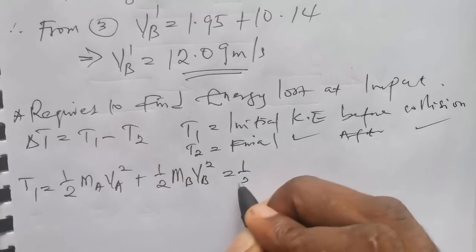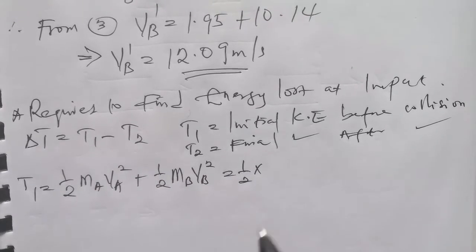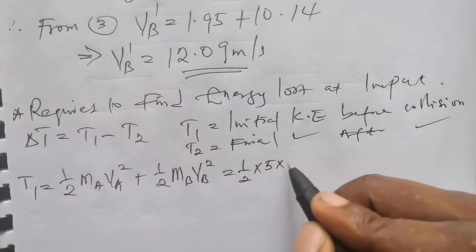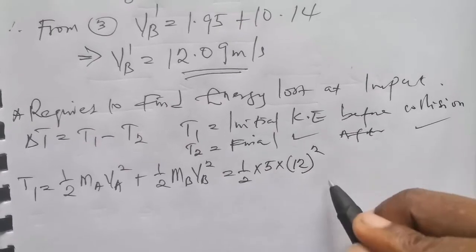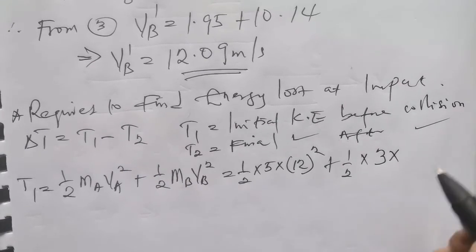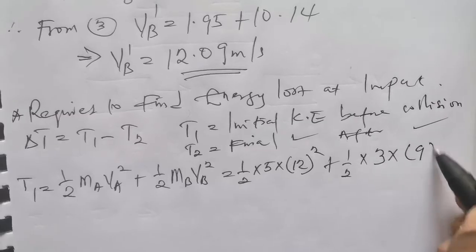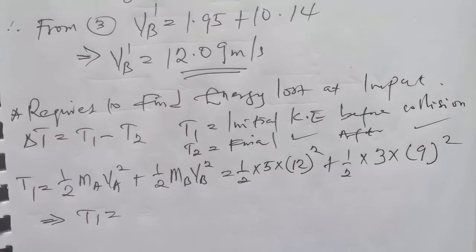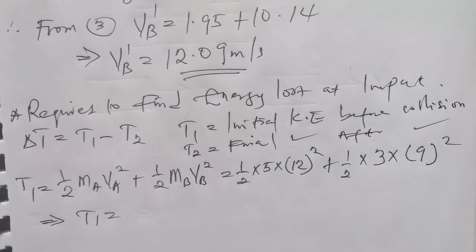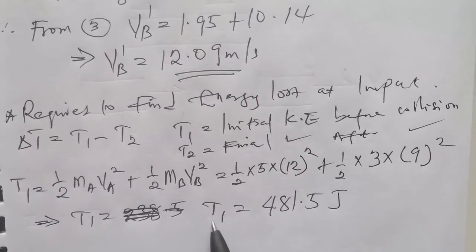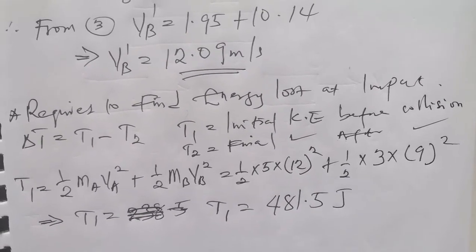This is 1 over 2 times 5 times 12 squared, plus 1 over 2 times 3 kg times 9 squared. I'm going to be pointing everything all at once, so do well to point along with me to avoid calculation errors. Upon evaluation, after multiplying through and adding, we had our first kinetic energy to be 481.5 joules.